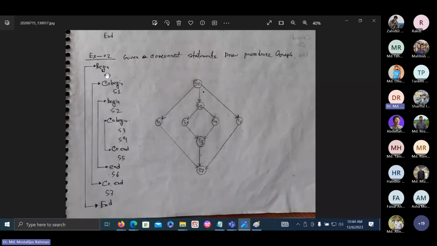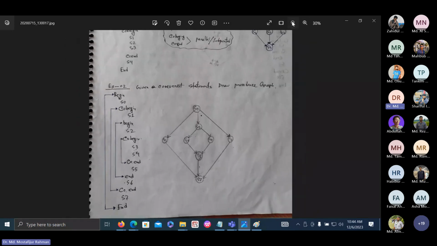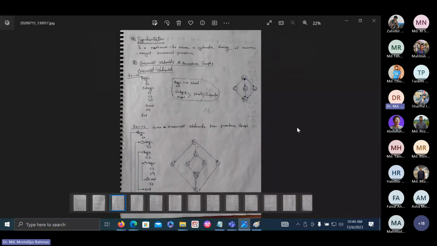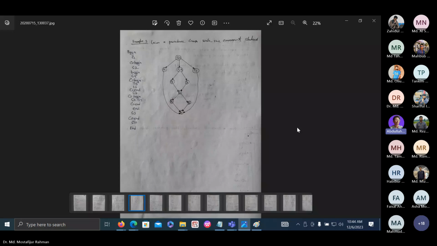We can find S0 above, the middle part, and S7. You can get the formation of all the statements from here. Can you understand? Maybe you can practice a little bit, two or three times. If you write, you can understand clearly. Sir, one more example. The concurrent statements will be given in the question, and you need to draw the graph.